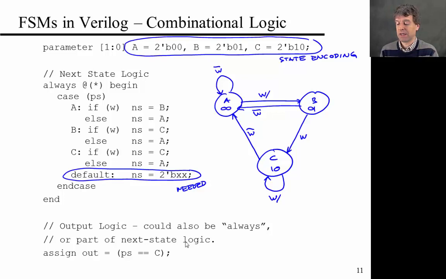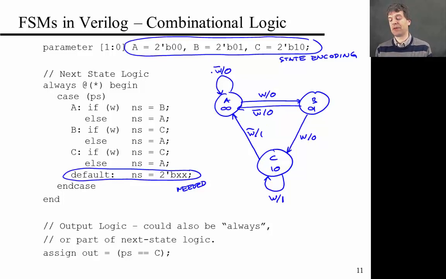Now the output logic I haven't written down yet. I've written it in this way, I'm assigning the output to be essentially the value of the C state. So basically, I'm going to say that the output is false, except if I was in state C. So here, this is a 1, this is a 0, 0, 0, 1, 0.